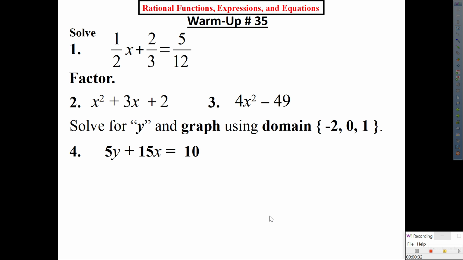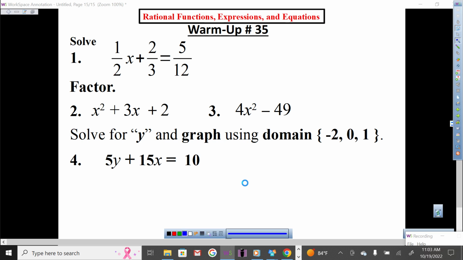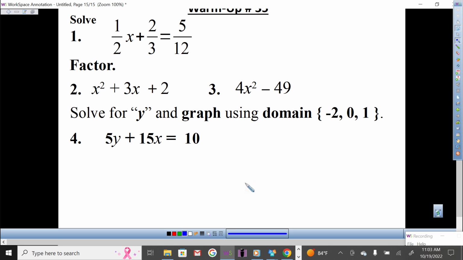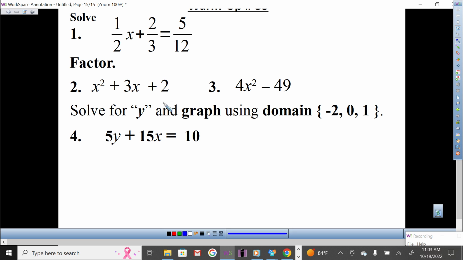All right. So let me go over the warm-up really quick. Number 1. Hopefully we remembered. Mr. Q, how do we solve these? Are these a proportion? No. Because now we have 2 fractions on one side and 1 fraction on the other. That's why we cannot cross-multiply.